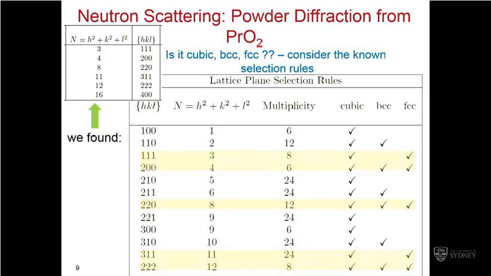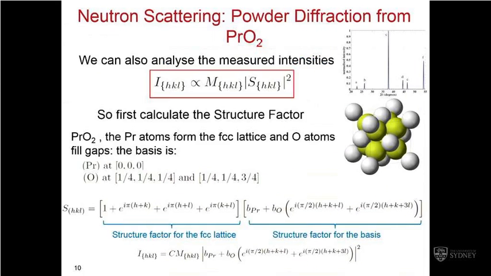Okay, now we can do even more with this data. What we want to do now is we can also learn something about the scattering factor of the oxygen and praseodymium atoms in our material. So let's consider our whole thing again.